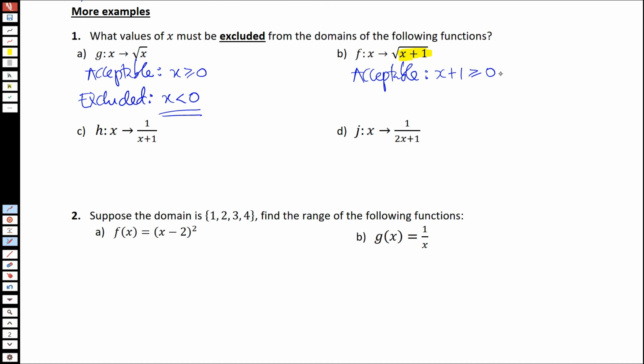If you just solve this inequality, that means x has to be greater than or equal to negative 1. So any value that's less than negative 1 must be excluded for this function here.